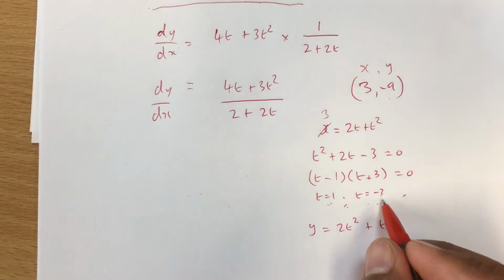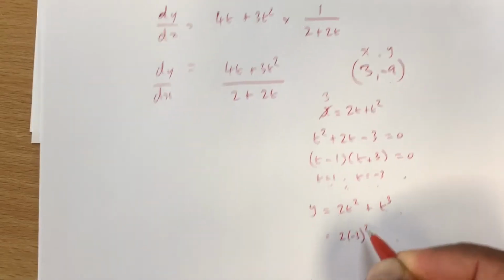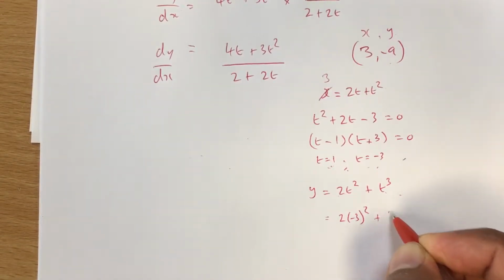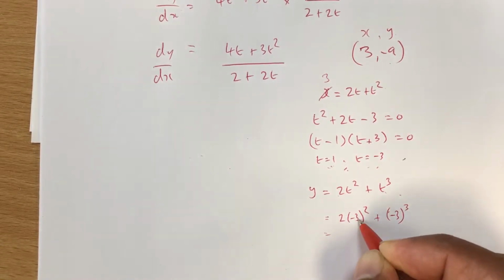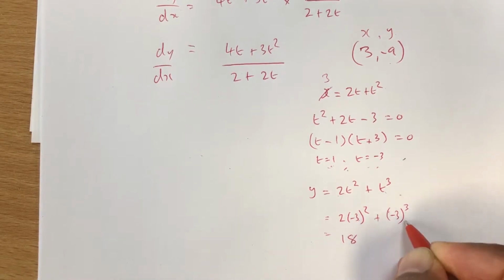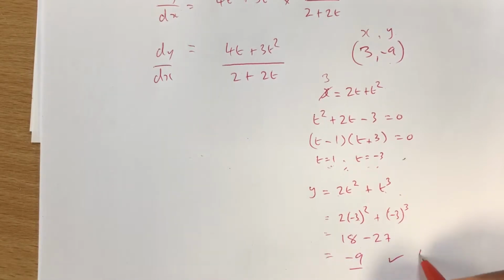Let me double check it is minus 3. If t equals minus 3, I get 2 times minus 3 squared, which is 18, plus minus 3 cubed, which is minus 27. 18 take away 27 gives me minus 9, so t at this point is minus 3.